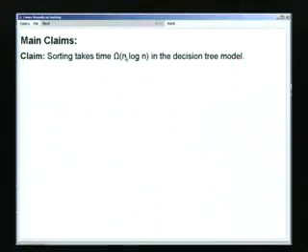The length of the longest path in the tree will be at least n log n. Notice that this is already a non-trivial bound, because a trivial bound would be omega of n. We will prove this in a minute.